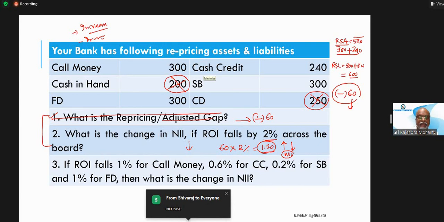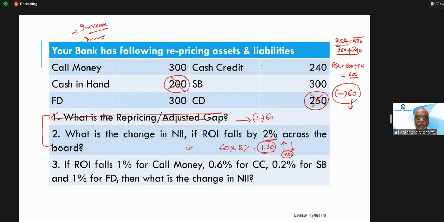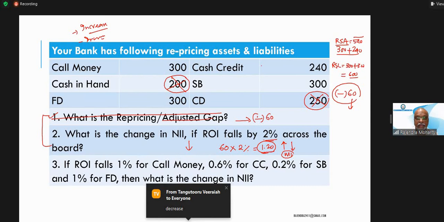Shivraj says increase. Total liability is more than total assets, sir, so it might decrease. What is the logic, you tell me?